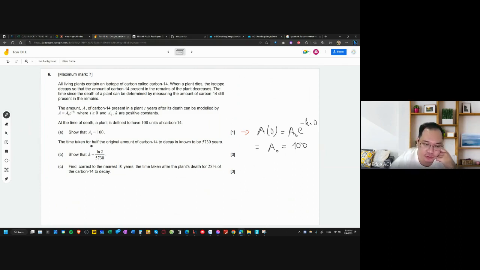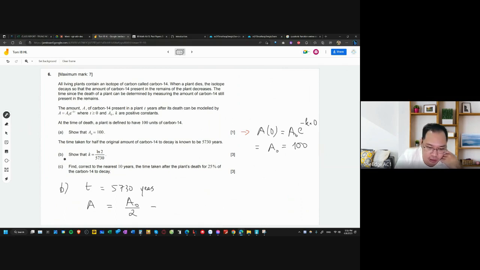The time taken for half the original amount of carbon-14 to decay is known to be 5,730 years. We say the half-life. So k is found from that half amount. After that time, meaning the time is 5,730 years, the value A of the function is half of A0.